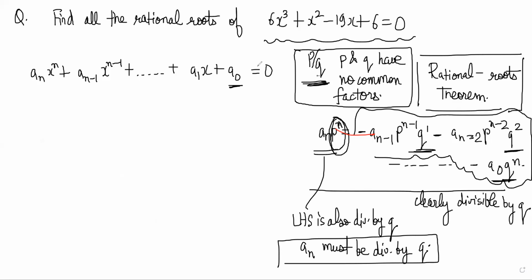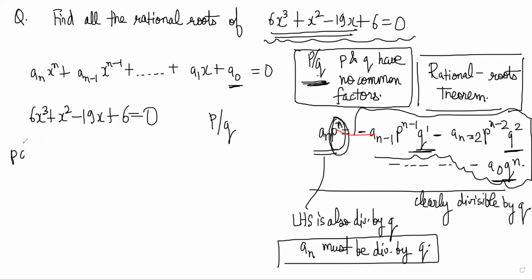That's all. So applying this to this equation, 6x cube plus x square minus 19x plus 6, we have to find rational roots of this. Let's say rational roots are p by q. Then p divides 6, q divides 6.